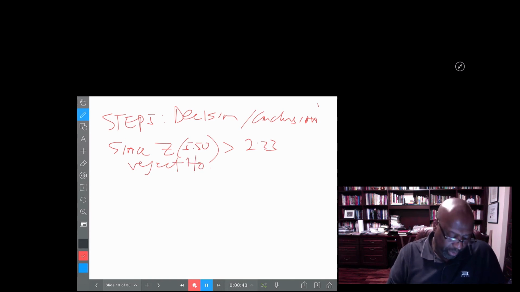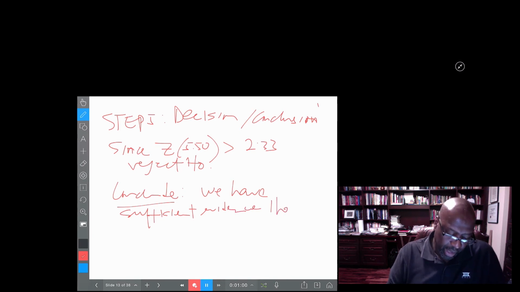We conclude we have sufficient evidence, in fact, not just sufficient, we have strong evidence that the true mean is greater than 66%.